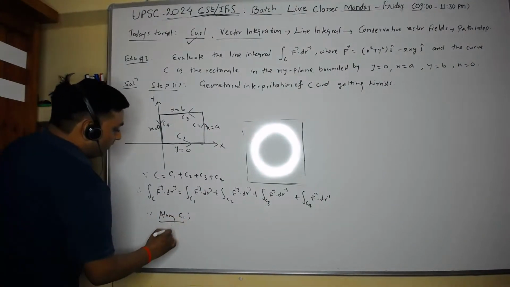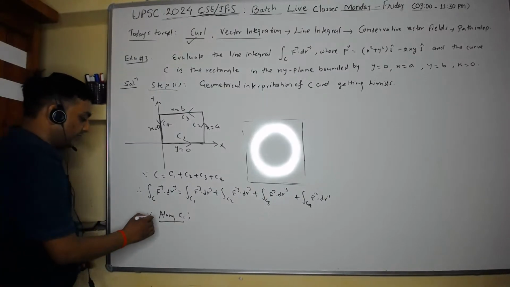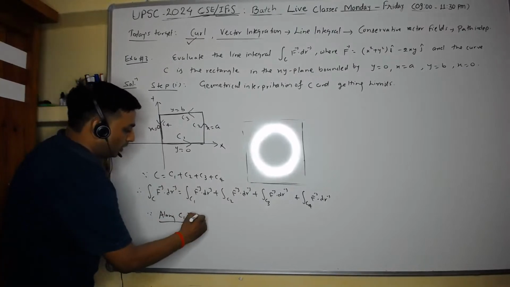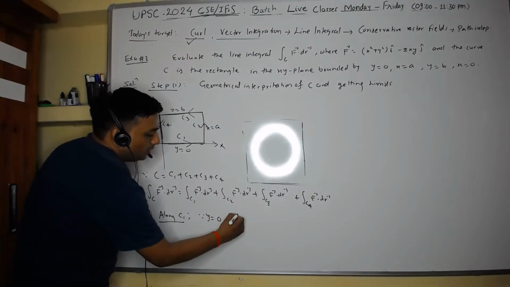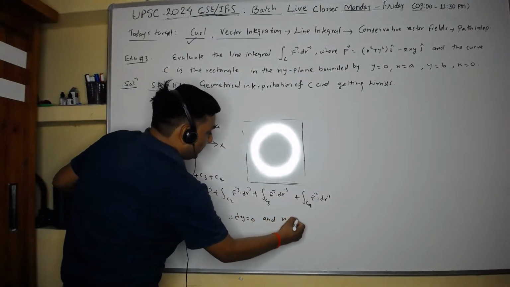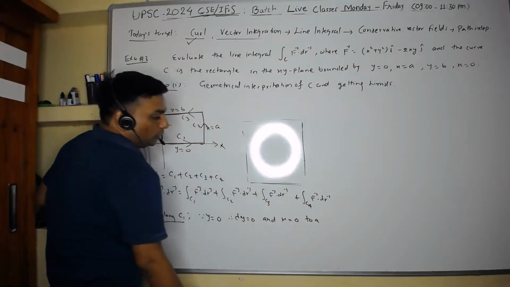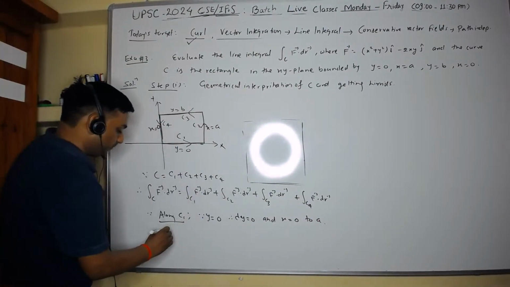Along C1, please observe, I will talk a little so that your points are clear. Along C1, y is fixed as 0, so dy is 0, and x is going from 0 to a, right dear fellows?